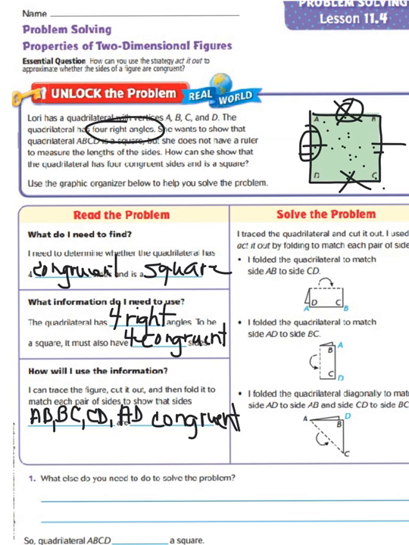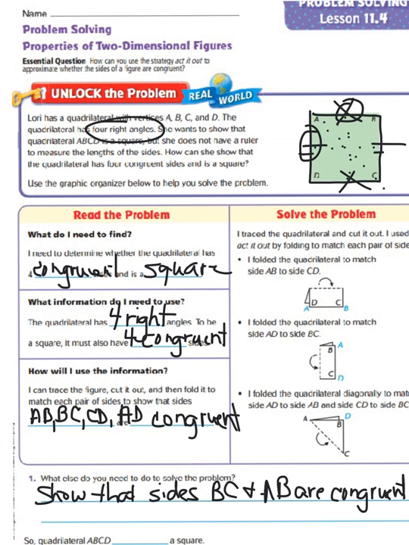So what else do we need to help us solve the problem? Well, we need to show that sides BC and AB are congruent, and that sides CD and AD are congruent, by folding it along the other diagonal.